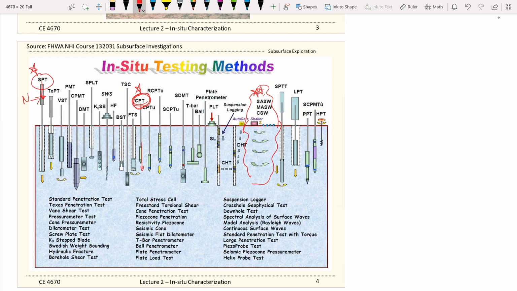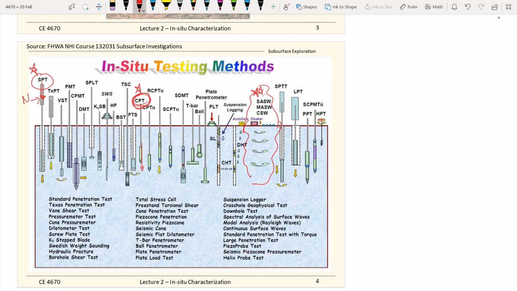So CPT comes in between. At this point in engineering practice, we are still trying to perfect this type of testing method. And on Canvex, I uploaded a YouTube lecture that talks just about CPT, so you may want to take a look.